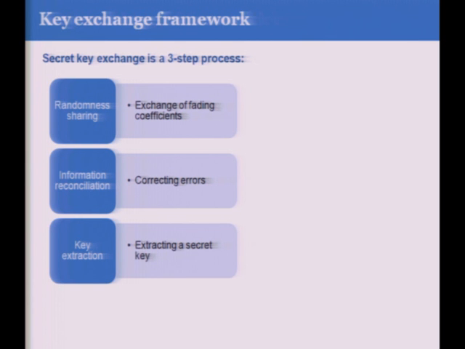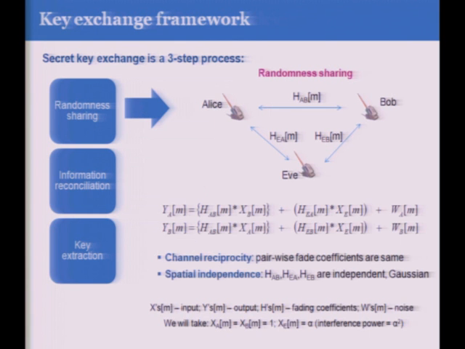So for this work, we're going to assume the following model, where again we have our three nodes, Alice, Bob, and Eve, and those are the fading coefficients on each of the links. Let's say XA, XB, and XE are the symbols that A, B, and E transmit.